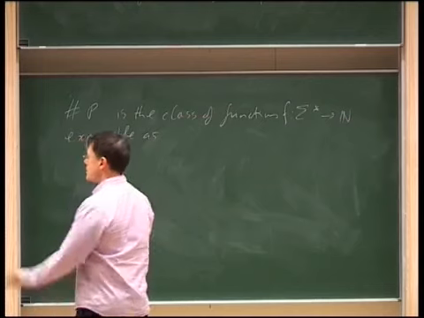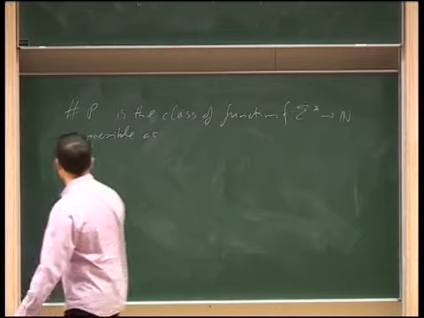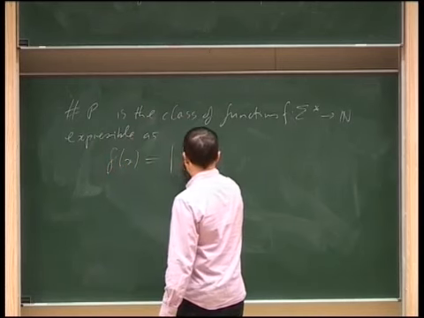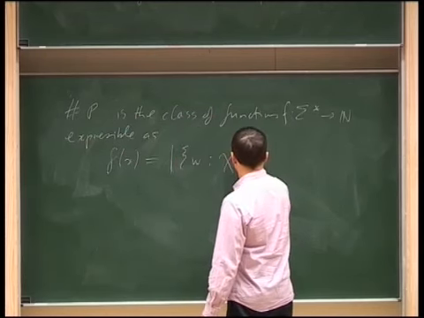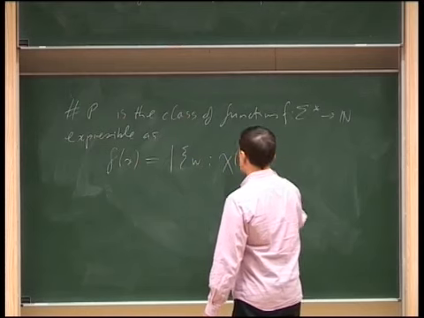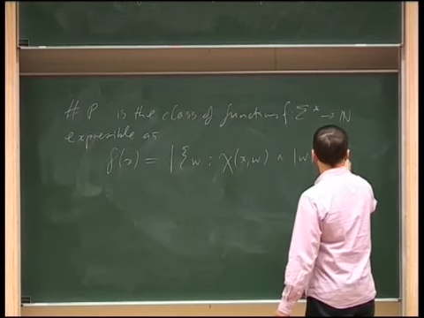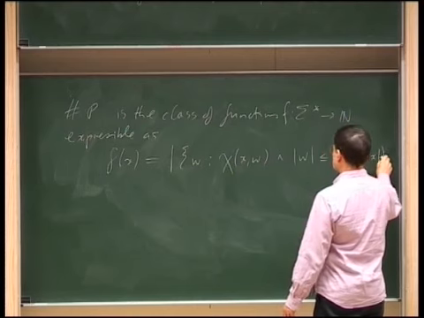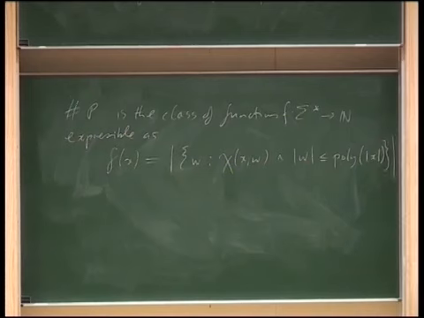We just take this on board, except that we're not interested in whether there exists a witness, but how many there are. So that carries across pretty easily. So that's all number P.